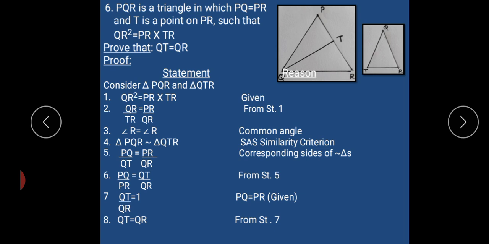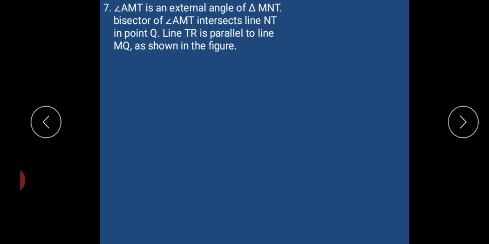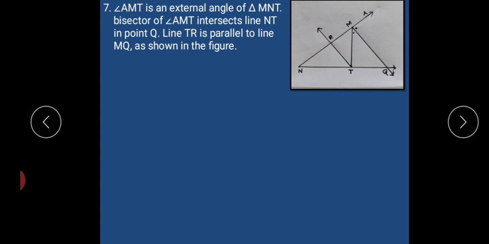Let's go further. We'll see rider number 7. We'll see the figure also. Angle AMT, here is the angle AMT, is an external angle of triangle MNT, that is this triangle M, N and T. The bisector of this external angle AMT intersects NT at Q, that is MQ is the bisector.